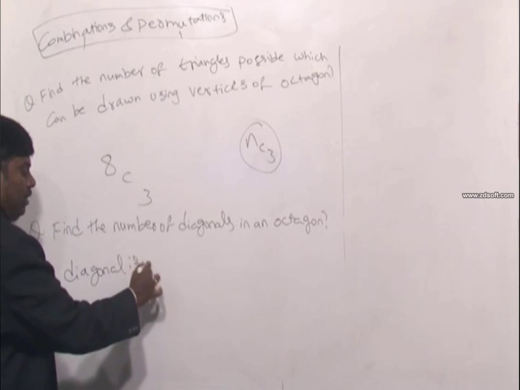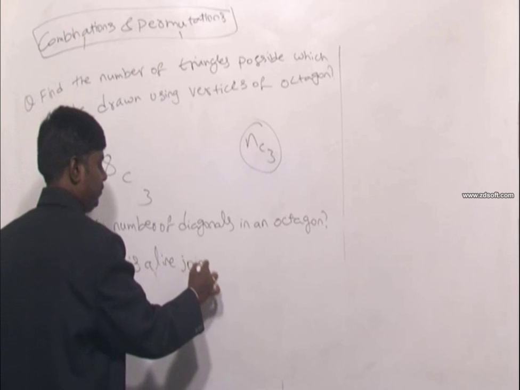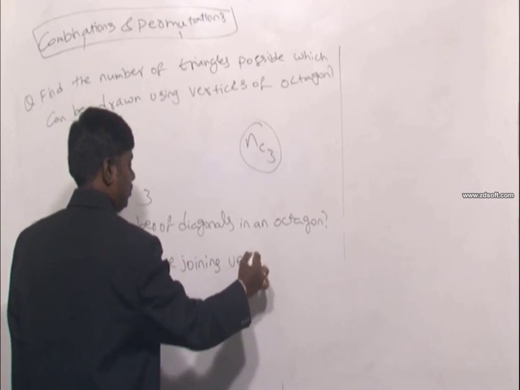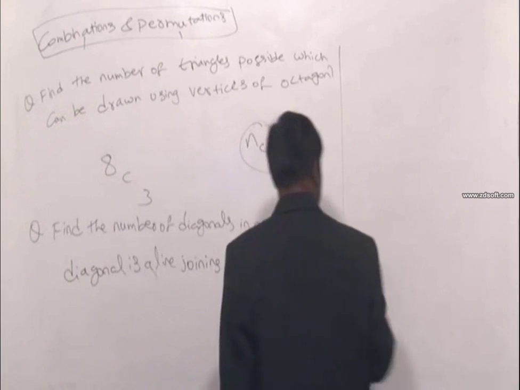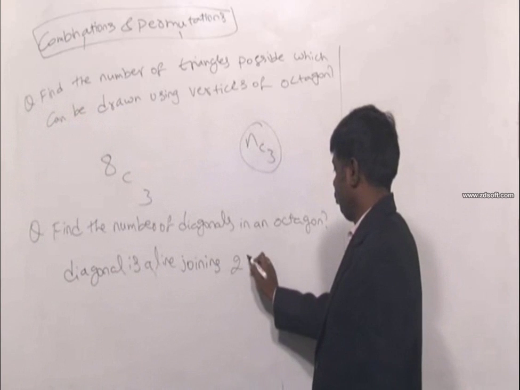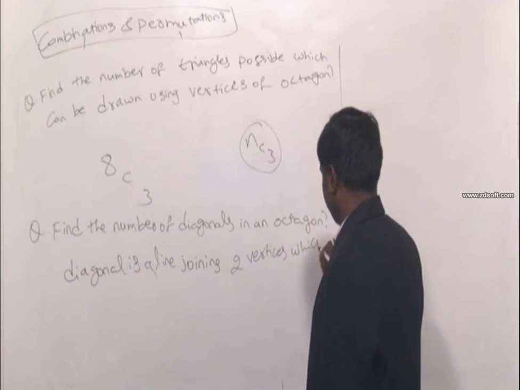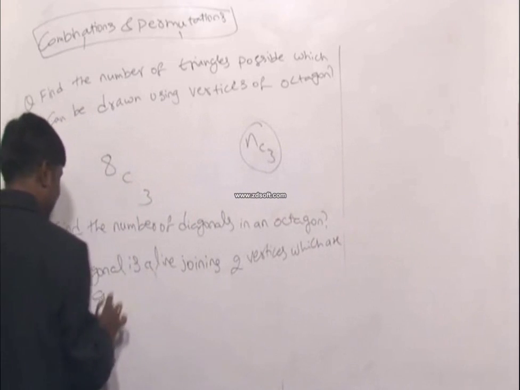Diagonal is a line joining two vertices which are not adjacent.